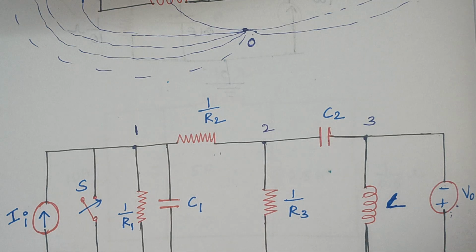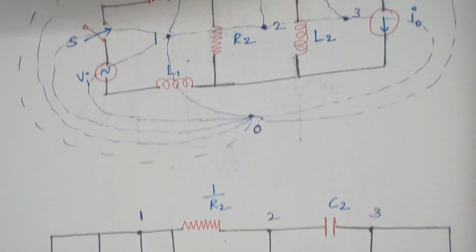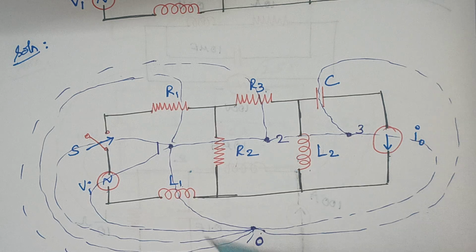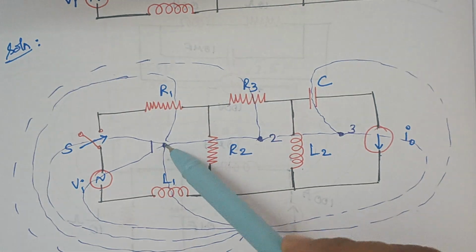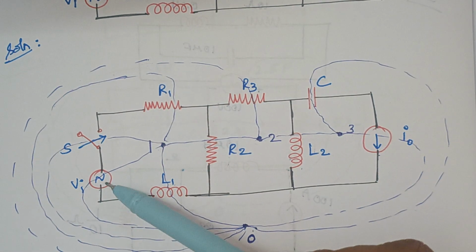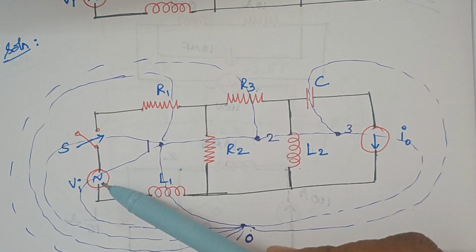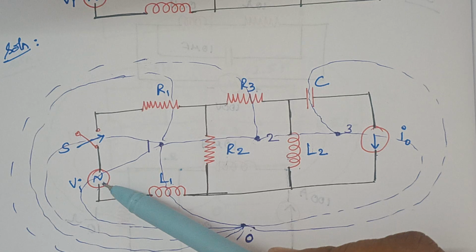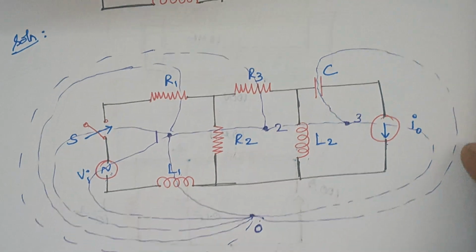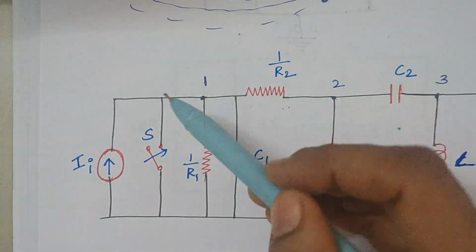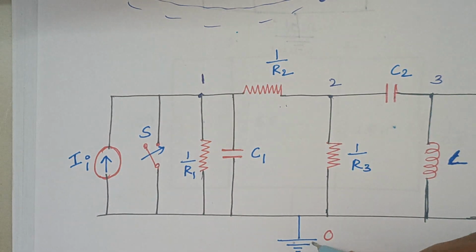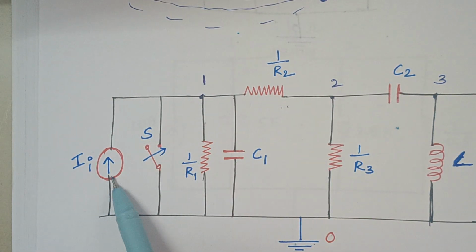Now we are going to the node 1 or dot 1. So to this dot 1, you see here we are having a voltage source. So in dual network, this voltage source should be represented as a current source. Right. So between node 1 and this reference node, we are having a current source.